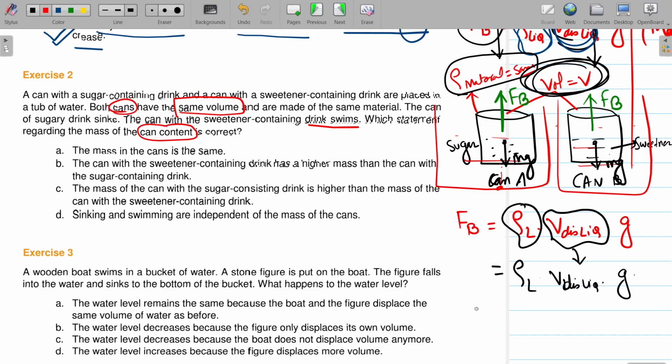So let us suppose for can A, what will be the weight of this can? It will include the weight of the can itself plus the weight of the drink, and in can A it is the sugar drink.